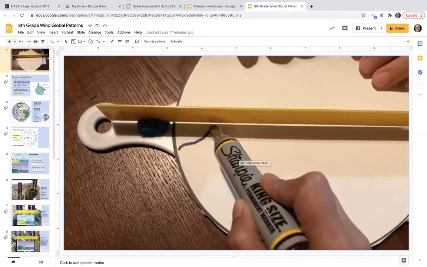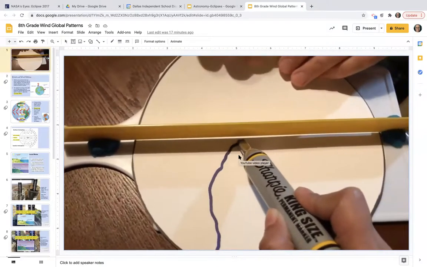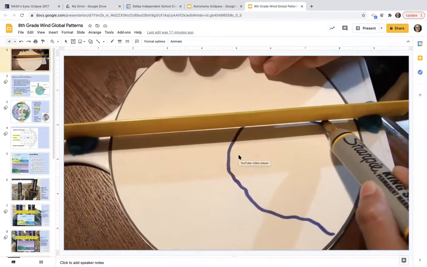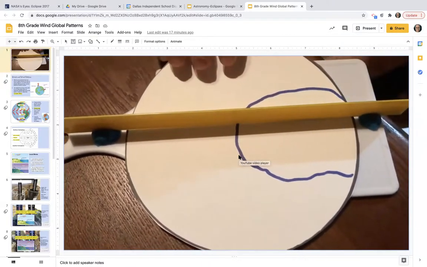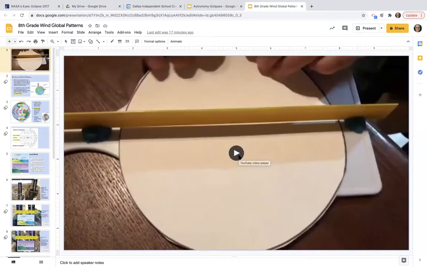We're going to say that the marker represents wind, and even though I am drawing a straight line across the paper, using the ruler as a guide, hopefully you noticed that the line was not straight after all. It ended up being curved. The reason for that is this example represents why winds are curving, and that is because of the rotation of planet Earth. So let me put it back in full screen.